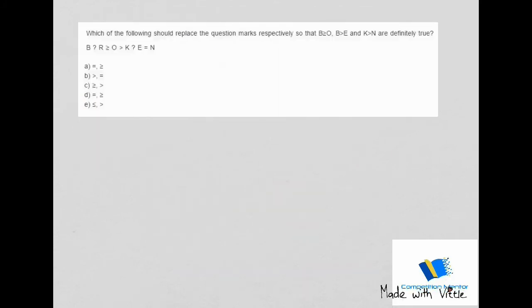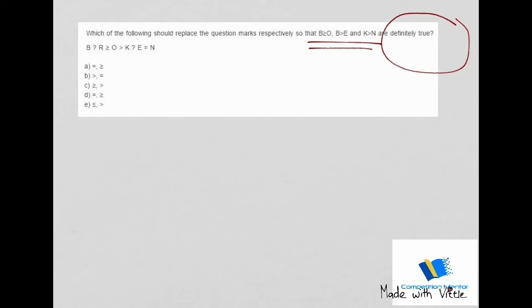So now this is a third type of question. In this you will be given a question mark, and you should read the question very properly, because they are asking what should replace the question mark so that these are all definitely true. So let's see what we will use.